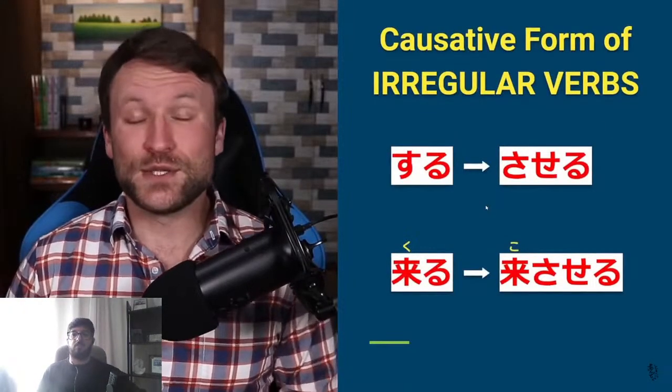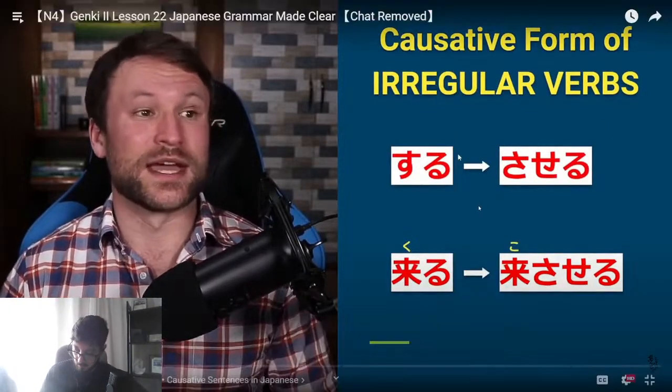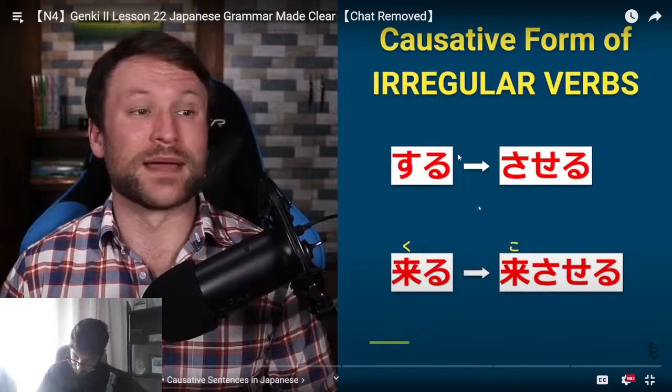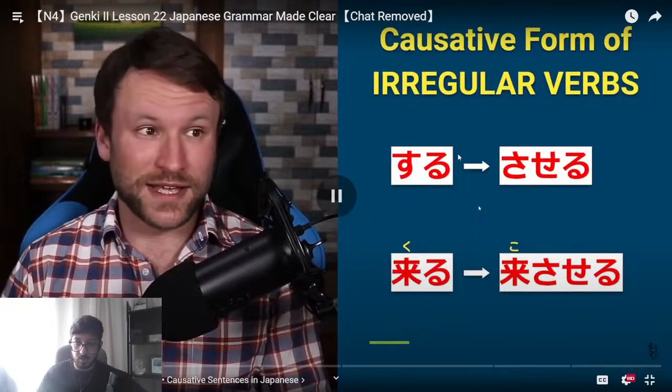Of course, there are the 2 irregular verbs. Suru and kuru are usually irregular all the time. Irregulars. Suru becomes saseru, and kuru becomes ko saseru.